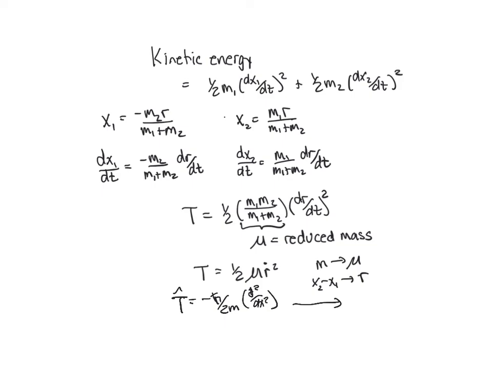If I just replace m with mu and x with r, my kinetic energy operator in this new coordinate system is minus h bar squared over 2 mu d squared dr squared. That is the kinetic energy operator I'm going to use in this new coordinate system in order to solve my Schrödinger equation and find the eigenvalues and eigenvectors for this harmonic oscillator.